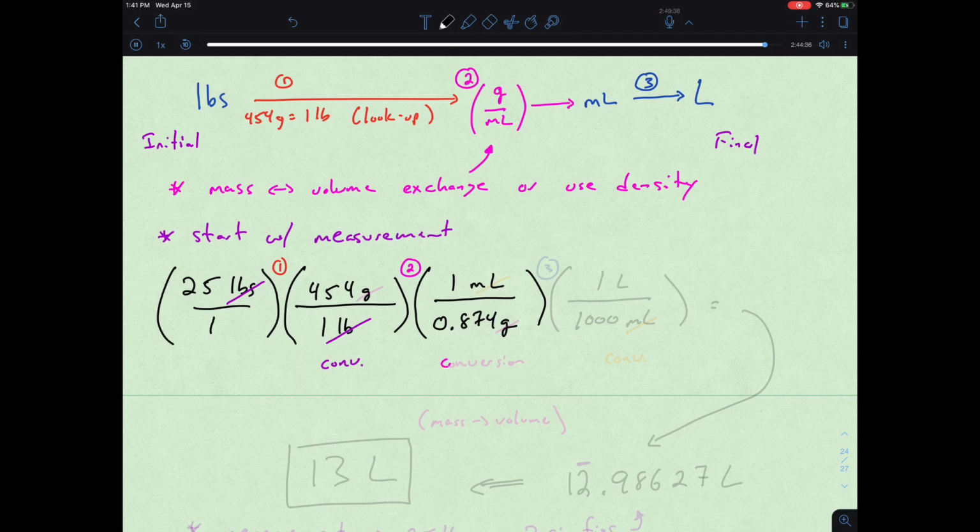So that's our conversion in terms of that mass to volume idea. And I'm just arranging the units in such a way so that the correct unit cancels out, namely mass. And now we're in the correct unit of volume, namely milliliters. So that takes us to the third step, where now we're converting from the milliliter unit to the actual liter unit.